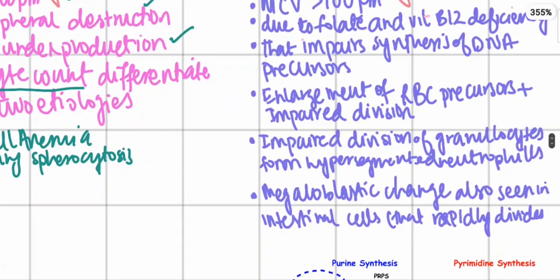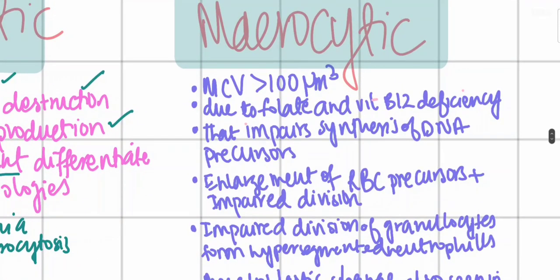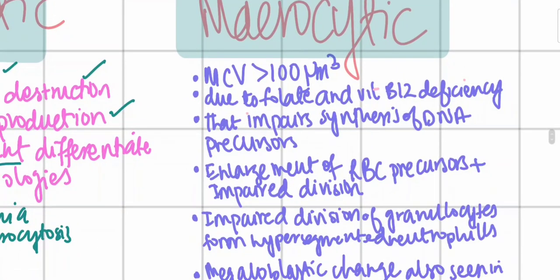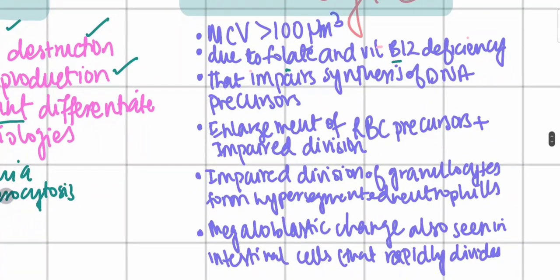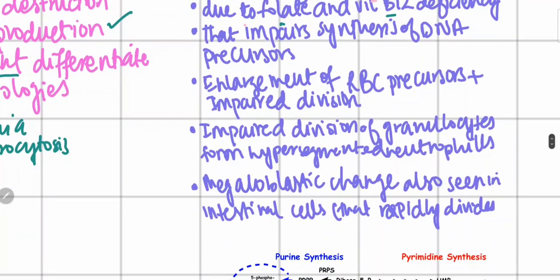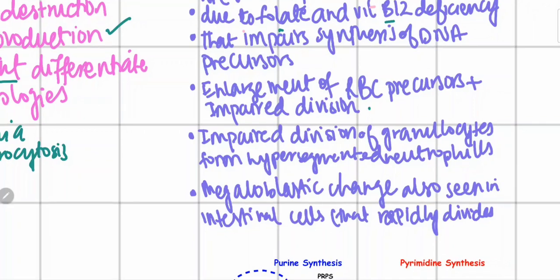Then we have the macrocytic anemias, in which the cell size is large. So we have an MCV that is more than 100. It could be due to folate deficiency or vitamin B12 deficiency. And mostly it is because of impaired synthesis of DNA precursors. Because of this, we have RBC precursors that are large, with impaired division.